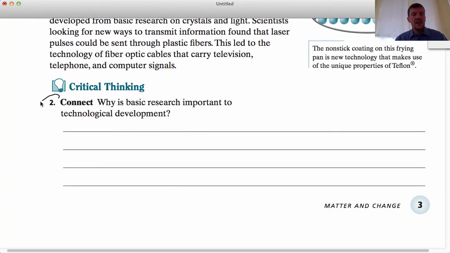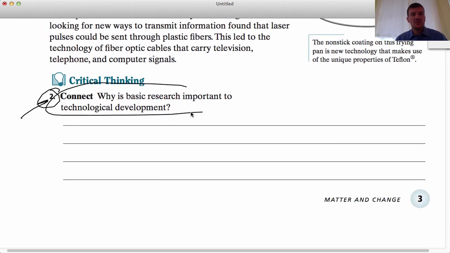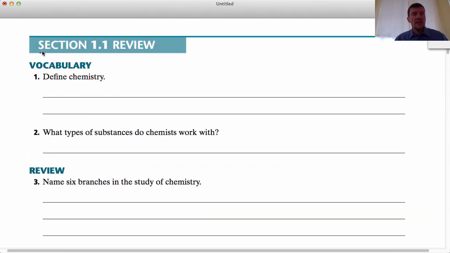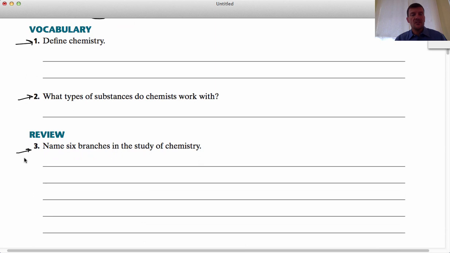You can answer critical thinking question number 2 there. Just pause the video, answer that, and move on. Again, it's based upon what we just talked about. All these questions are going to be based upon information in these interactive readers. At the end of each section, here you can see section 1.1 review, you can answer all of these questions right here.